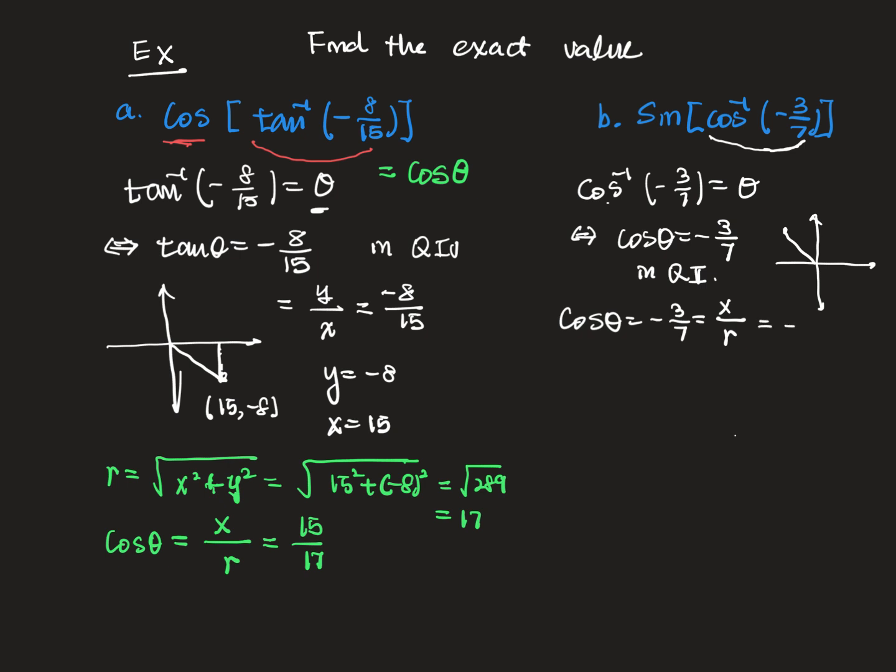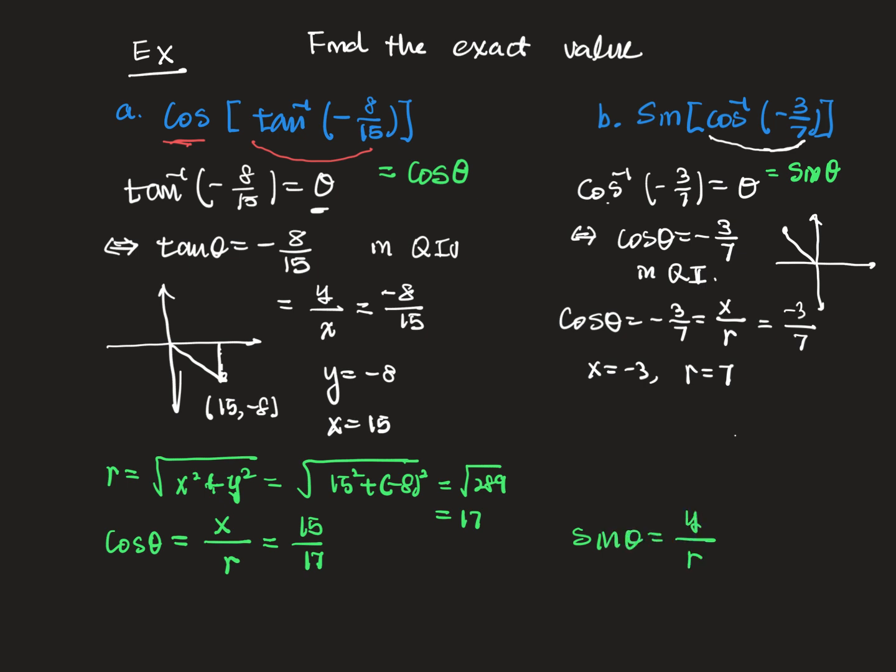Negative 3 over 7: x equals negative 3, r equals 7. So right here, you know the x value and you know the r value. Now what do you have to find? Here, sine. Let's go back to the original. This one is sine of theta. We are looking for sine theta. So sine theta is y over r.